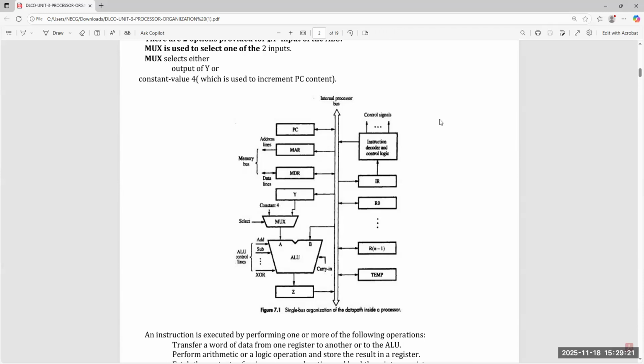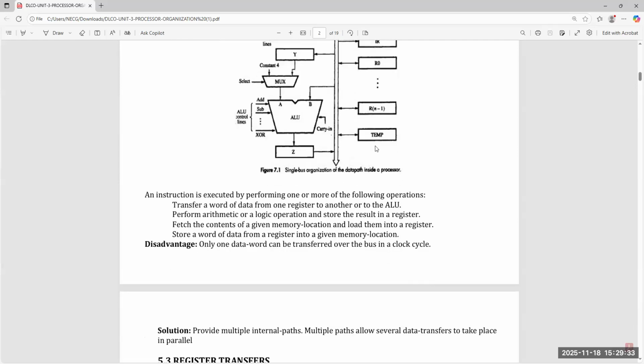Having more buses means more data words can be transferred at a time. That is the solution to the above problem.